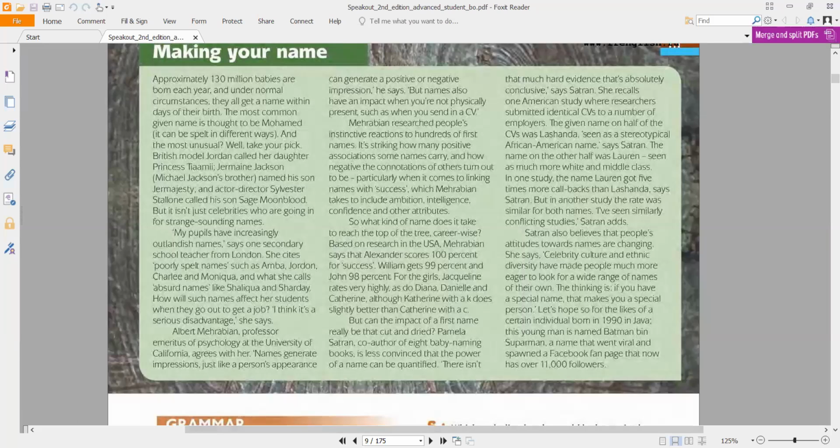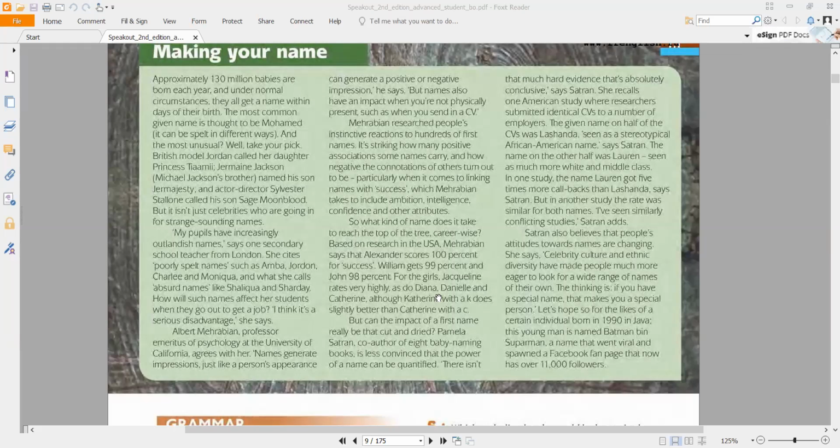It's striking how many positive associations some names carry, and how negative the connections of others turn out to be, particularly when it comes to linking names with success, which Mehrbain takes to include ambition, intelligence, confidence, and other attributes.